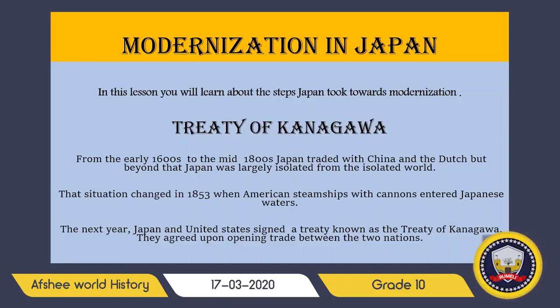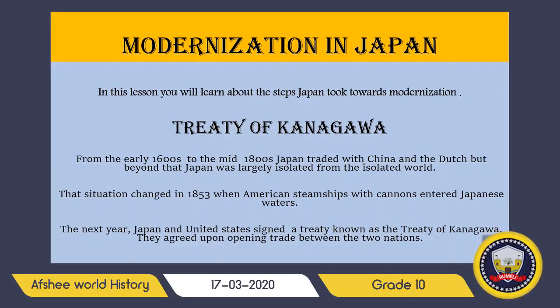British, French, Russian and American officials tried to convince the Japanese to open up, but the Japanese repeatedly refused. That situation changed in 1853 when American steamships with cannons entered Japanese waters.